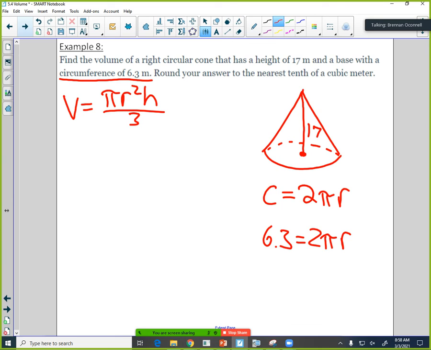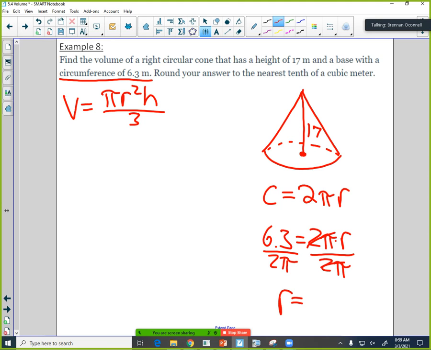If I want to get r by itself, and I'm multiplying 2 pi times r, how do I get rid of multiplication by 2 pi? Divide by 2 pi. And then I'm just going to write r is alone on the right side, but I'm going to write it on the left.